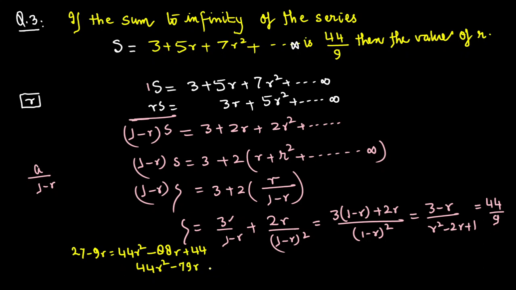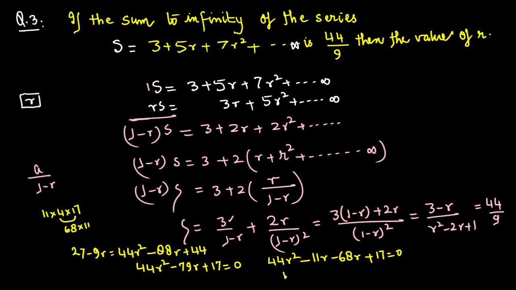This 27 comes here, so it becomes 17 is equal to 0. See here, 44 means 11 into 4 and this is 17. 17 4s are 68 into 11. Okay, this becomes 44r square minus 11r minus 68r, that is 79r, plus 17 is equal to 0.